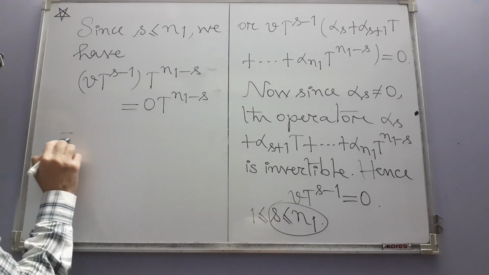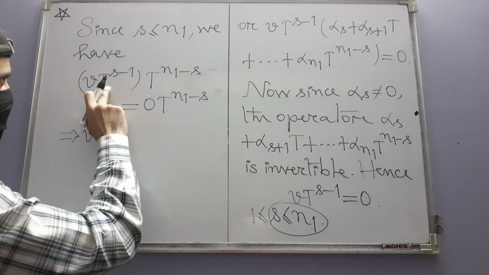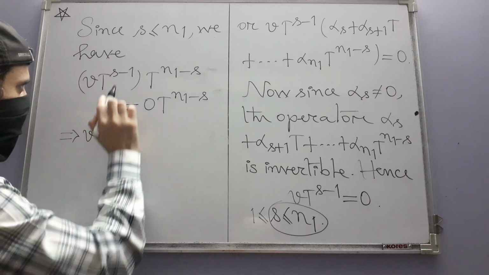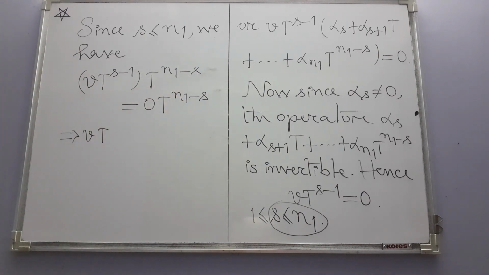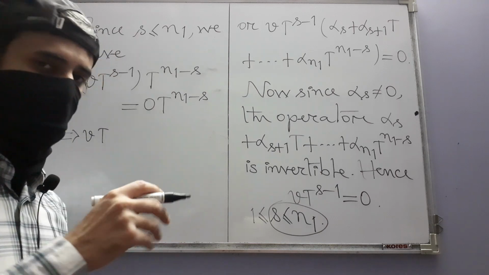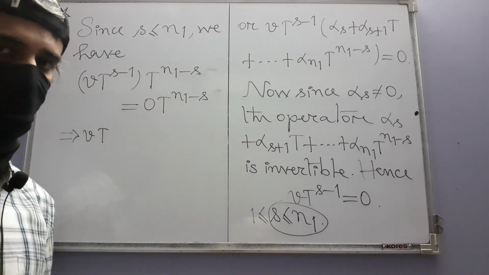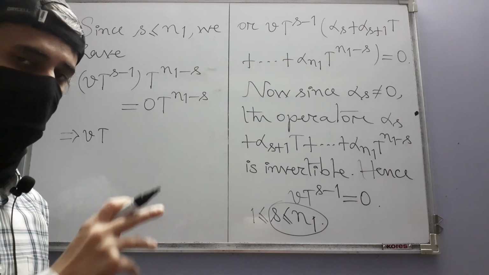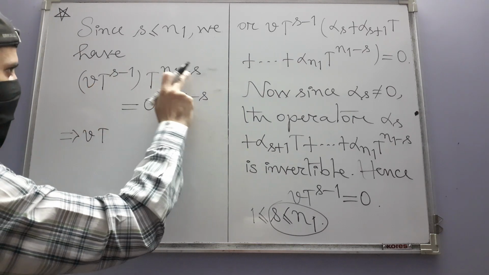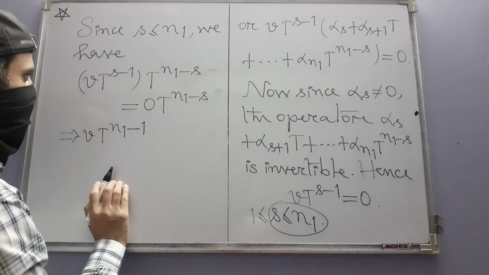But then this implies what? When you compose these two operations and use the rules of exponent, you see, in spite of not being a group, in an algebra, in fact in any ring, you do have the rules of exponents when the powers make sense. So that's why you can add these two exponents and have this.